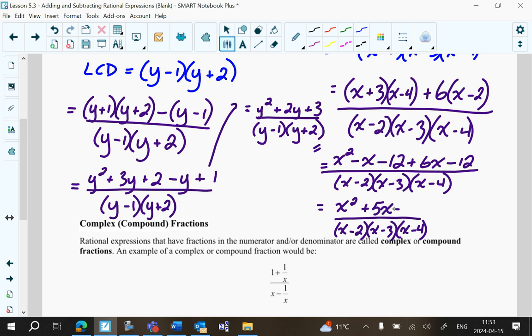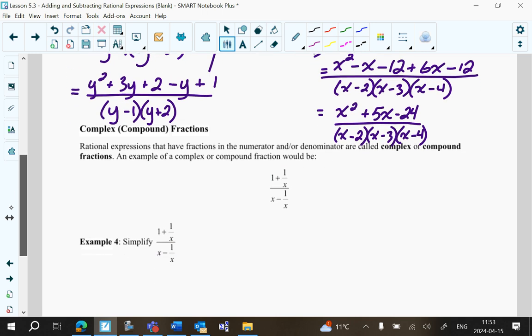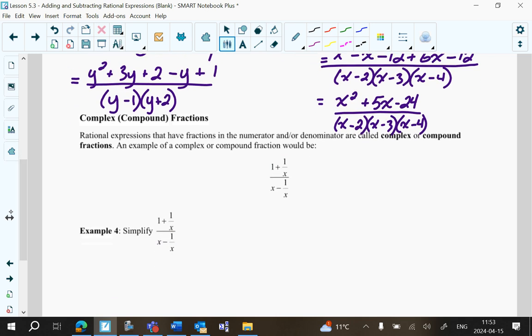A potential factoring one. Let me think. I'll give you a hint. Plus 8. Correct.